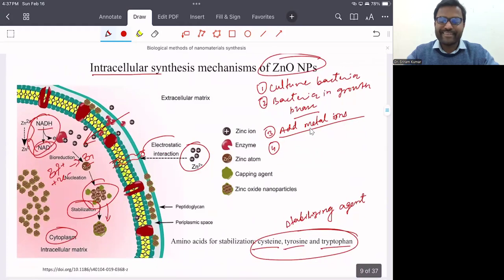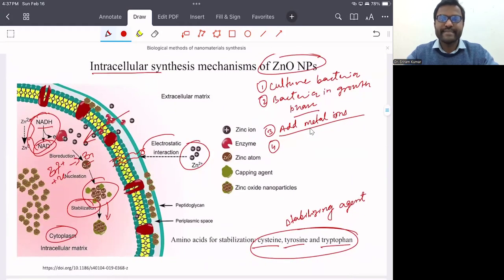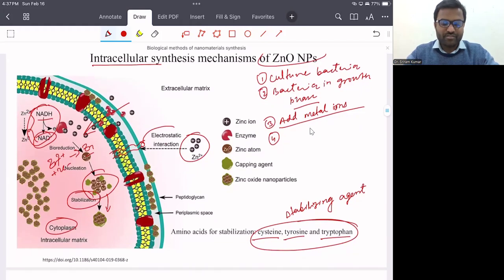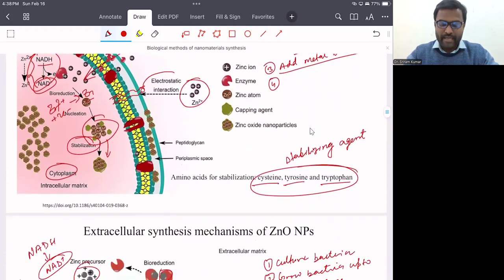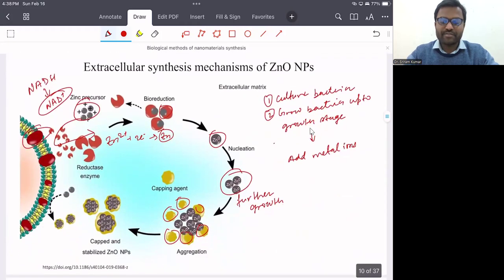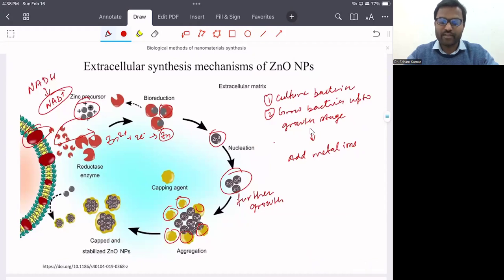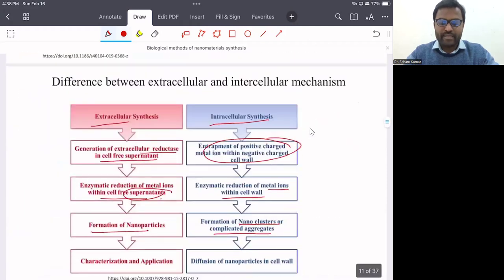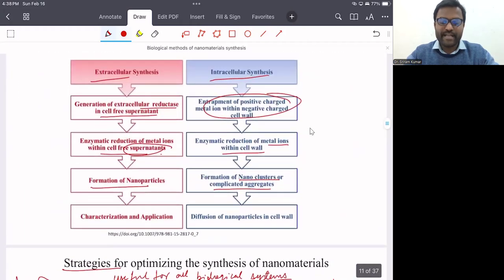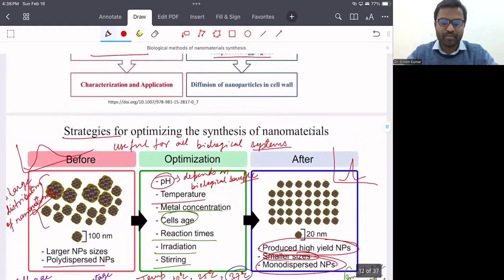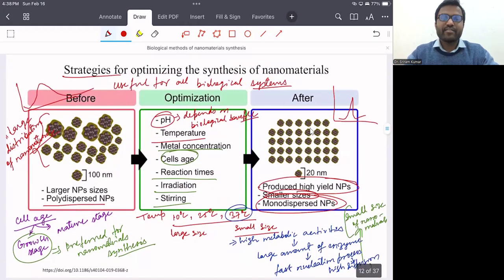We understood this with the example of the synthesis of zinc oxide nanoparticles using an NADH kind of enzyme. We also understood the extracellular synthesis of zinc oxide nanoparticles, and the difference between the extracellular and intracellular synthesis processes.